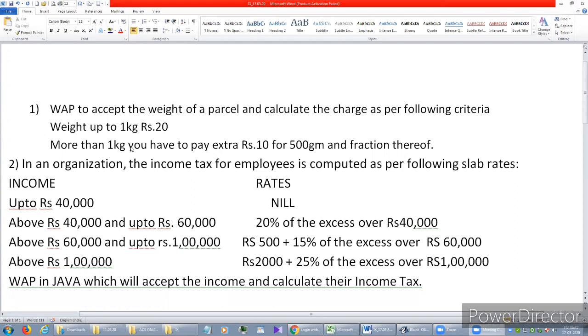If the weight of a parcel is 1 kg 100 gram, what do you have to pay? For 1 kg you have to pay 20 rupees. So more 100 grams comes under the 500 gram and fraction thereof. So 10 rupees more you have to pay.